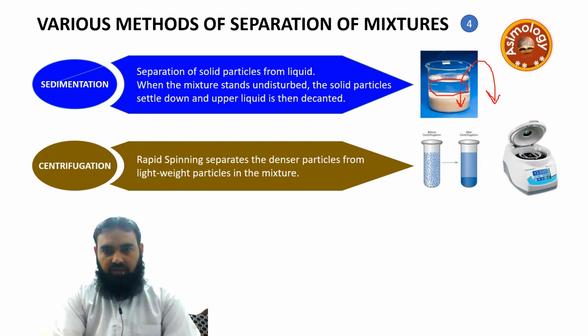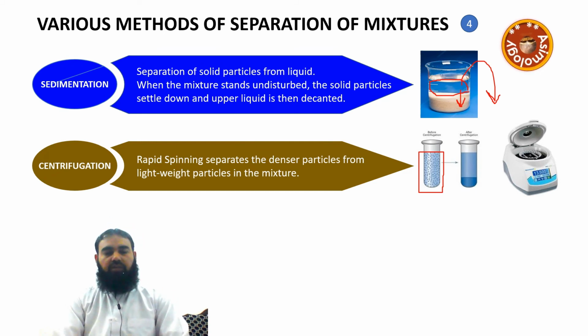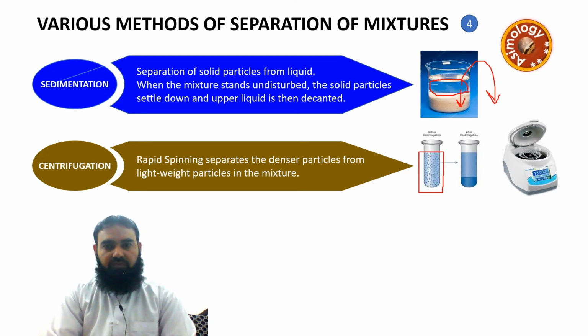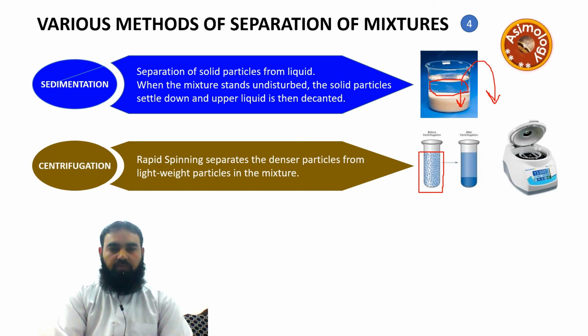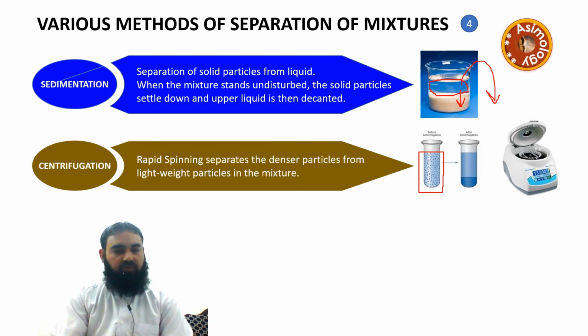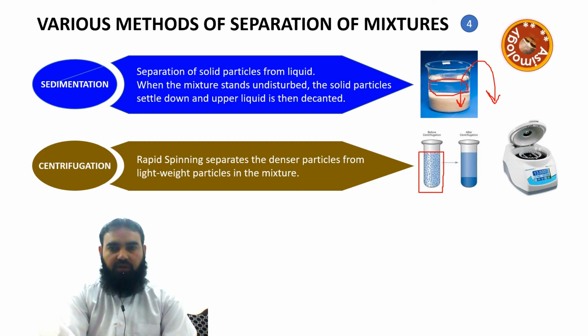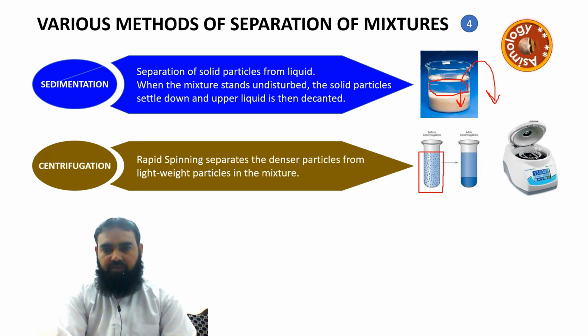In this picture you can see a mixture of solid particles, or it can be a liquid of higher molecular weight like protein or DNA molecules, molecules of larger molecular weight. You can separate that from low molecular weight substances or from liquids. So in this process we spin this tube containing the mixture at high speed.